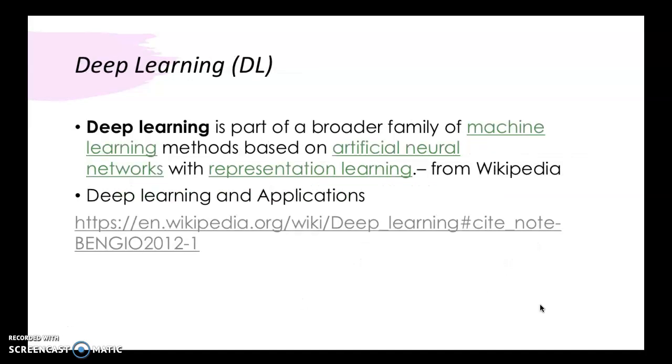So deep learning is a subset of machine learning, and it particularly uses a neural network to figure out patterns, to figure out recognition of data.